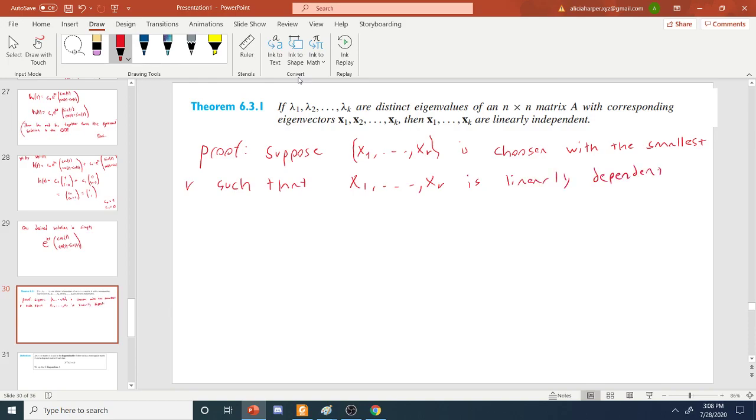So we're going to assume that this is possible, that we can find such an r such that these vectors are linearly dependent, and we're going to choose the smallest such r.